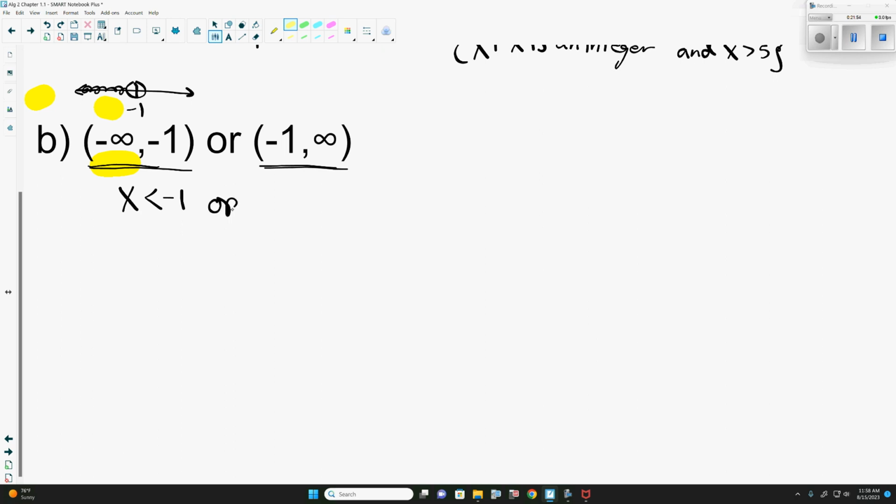Or our other statement will also have negative 1. We'll have an open circle. Now, guys, the shading for this one here, are we going to go to the left or to the right? To the right.